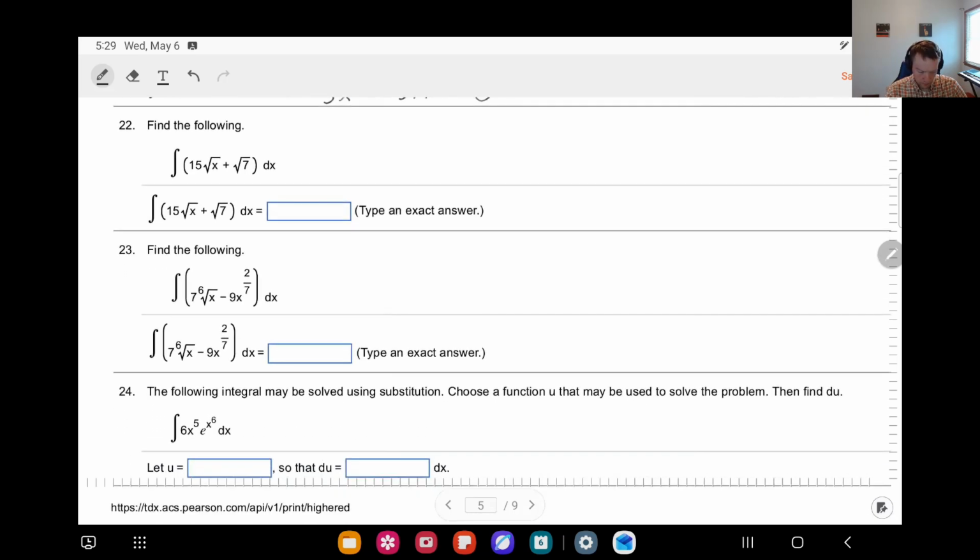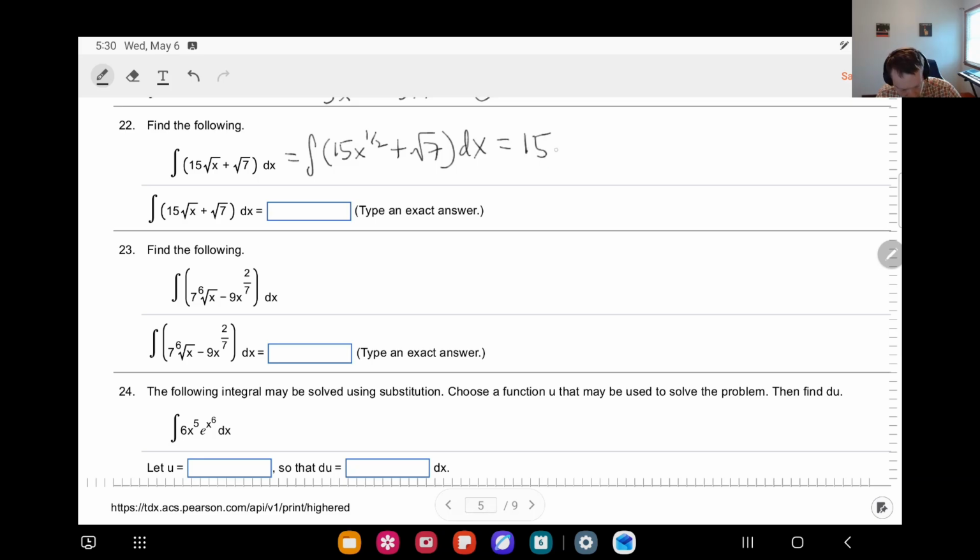Number 22. All right, this is actually a power rule as well. When you rewrite this integral, 15x to the 1/2, you don't need to write the root 7 any differently because there's no x involved in that. That's just a constant.